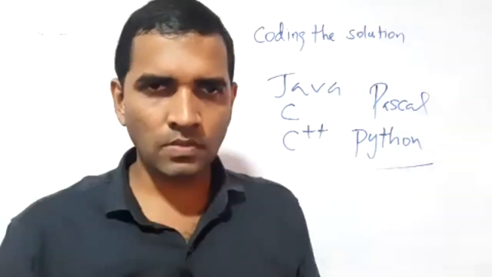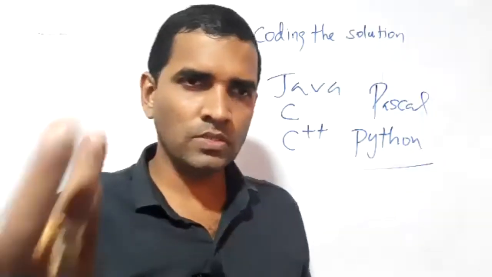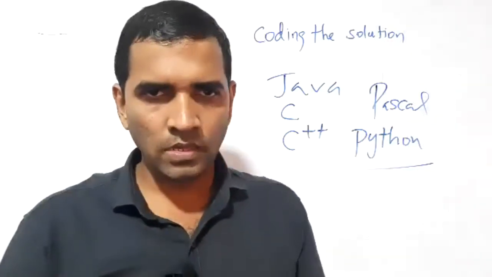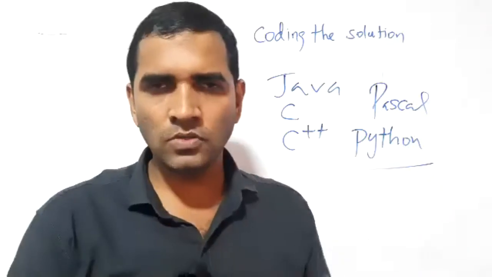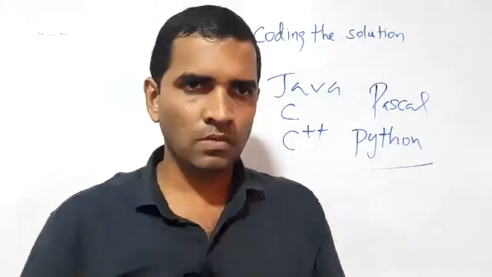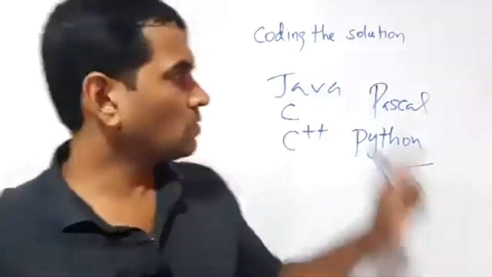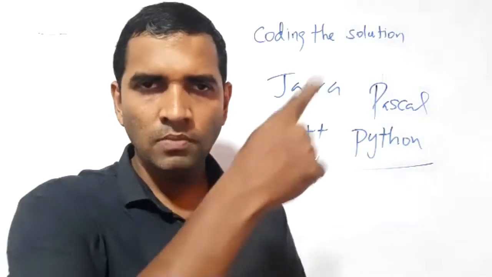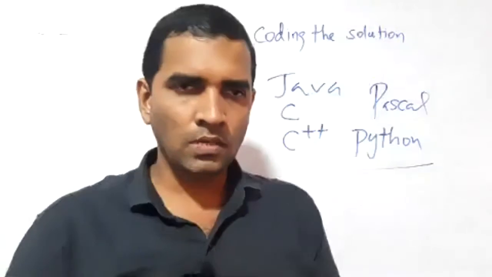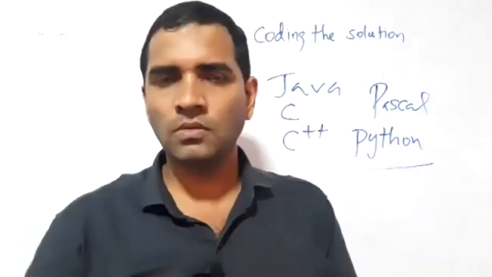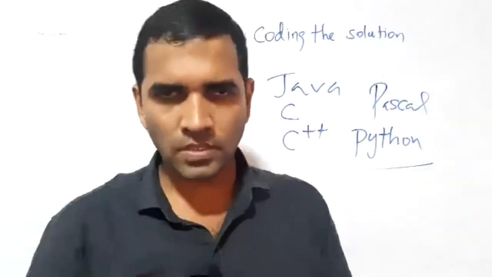Okay, so once the instructions are written, then the software is ready, because software is nothing but a set of instructions. If instructions are given to the computer completely, then it means the software is ready. So this is called coding the solution. Let me take the things which need to be remembered about coding the solution. First of all, remember code means instruction. So instructions need to be given to the computer, because software is a set of instructions.